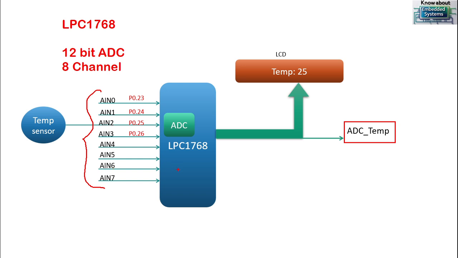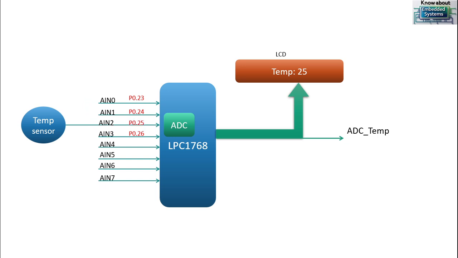For demonstration purposes, I have considered P0.25, and I'm assuming a temperature sensor is connected to P0.25. That is nothing but analog input 2. So we have to develop code for analog input 2, which is connected to 0.25. This is a brief introduction before starting the code.